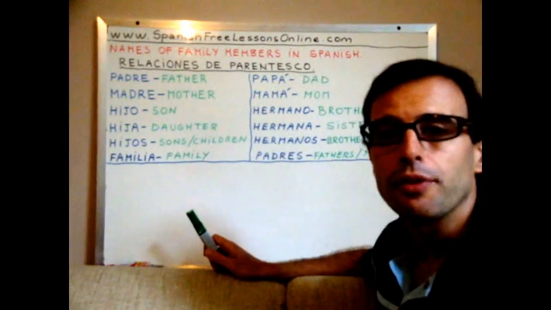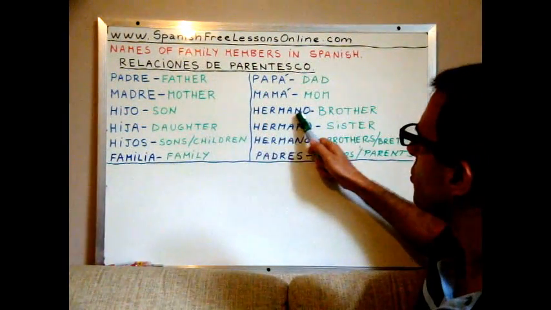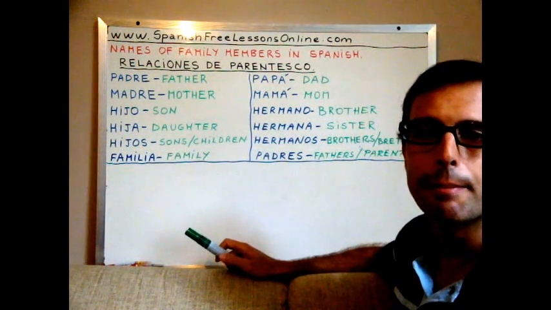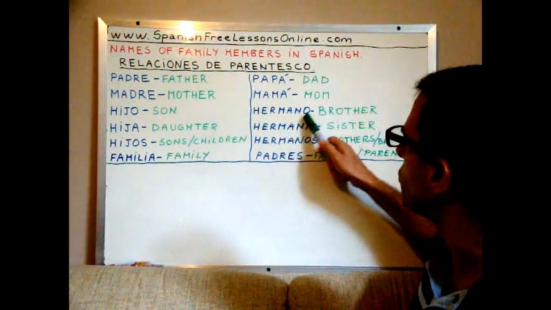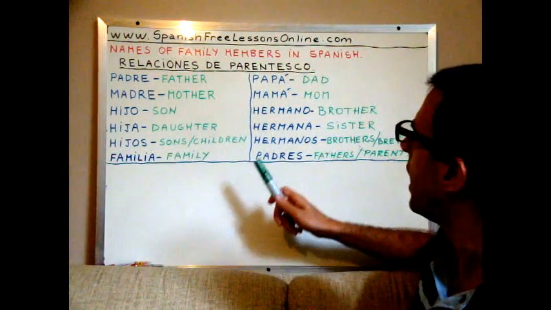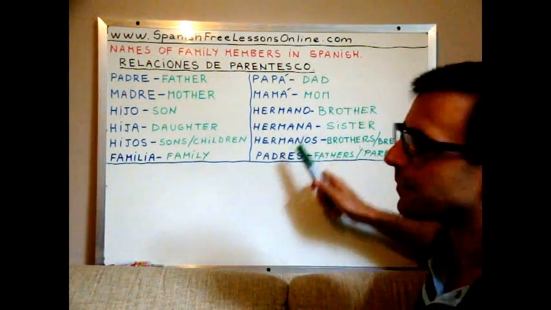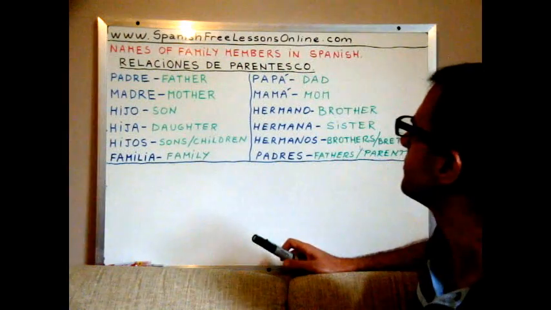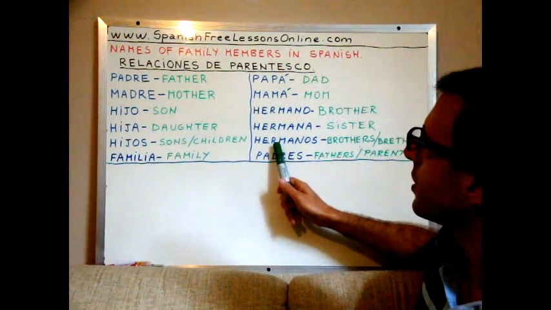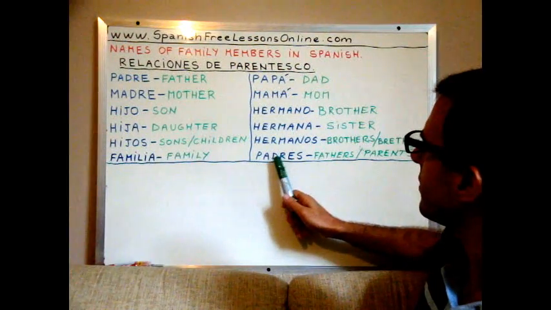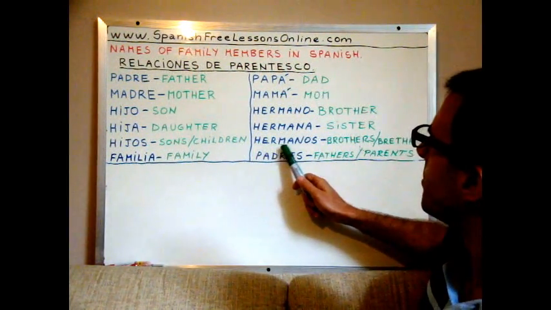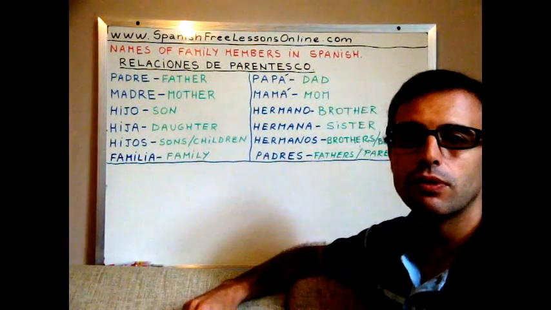The word for brother is hermano, starting with H. Hermano, hermano. And our sister will be our hermana, hermana. And same as with the word padres that we said at the beginning, the word hermanos means 2 things.